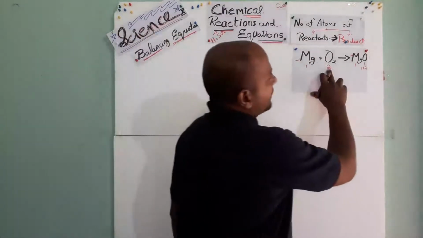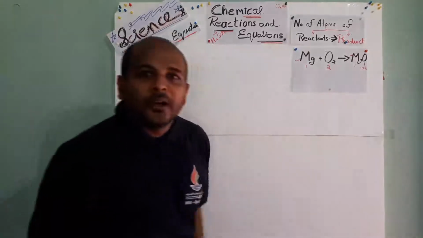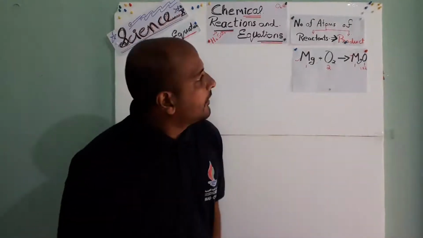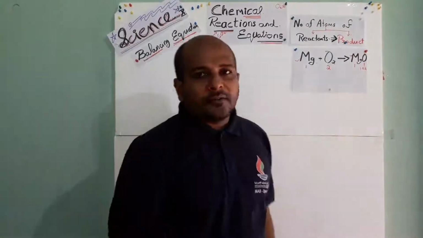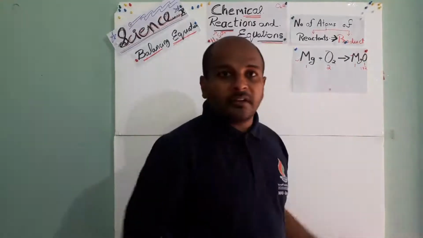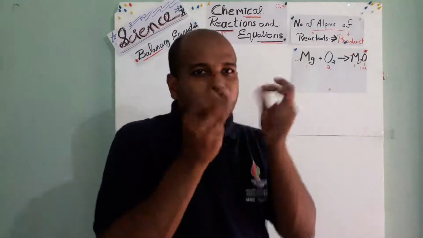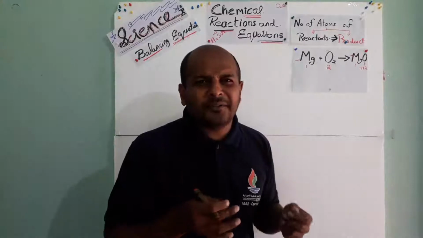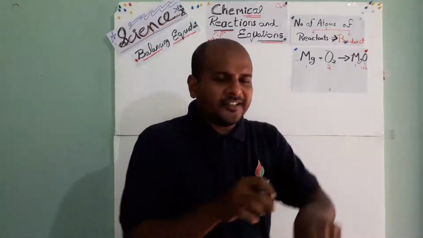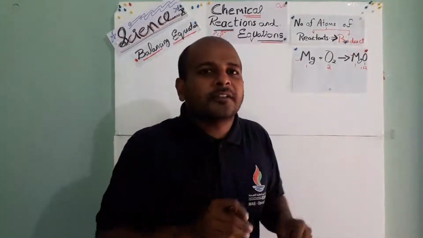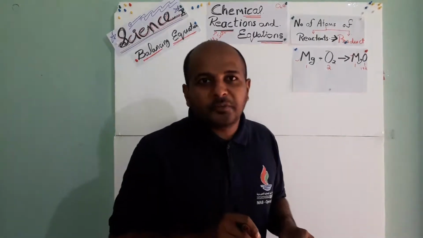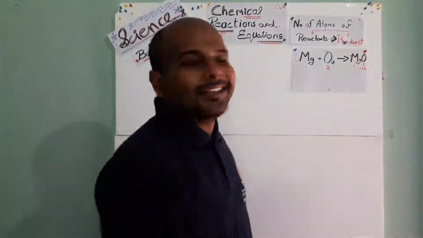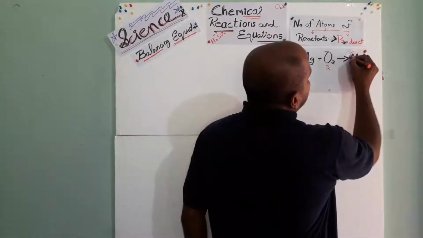But see, oxygen is 2, here also oxygen is 2. But one problem is there. How can we multiply only oxygen here? Because it's in a powdered form. Can you take each oxygen from that and multiply that? No, it's not possible. So we need to multiply the entire MgO.